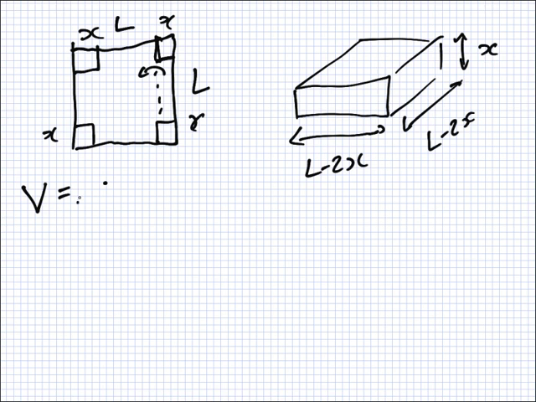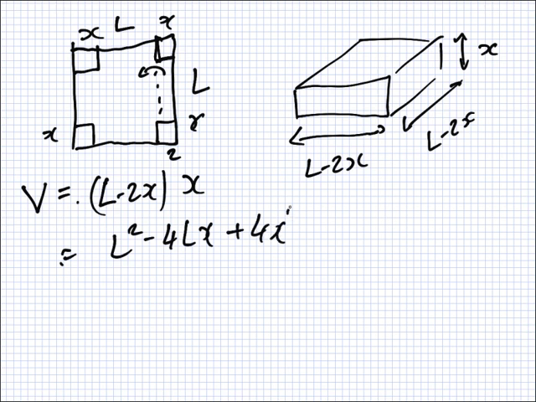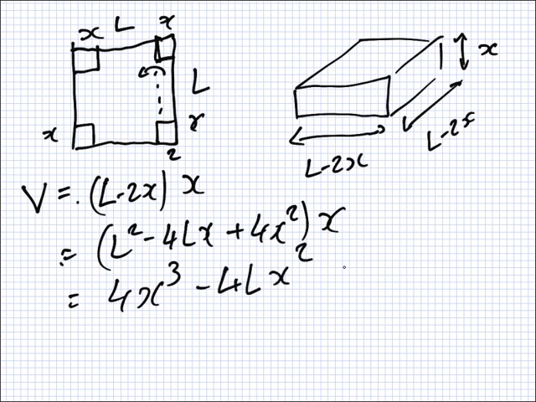Yeah. So the volume will be (L minus 2x) squared times x. So that will be L squared minus 4Lx plus 4x squared, times x. Did I get that right? Okay, so that's 4x cubed minus 4Lx squared plus L squared x.